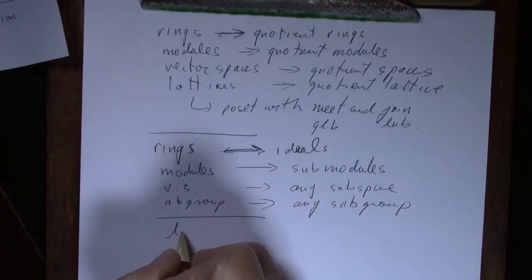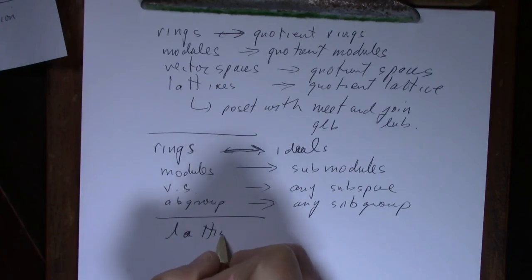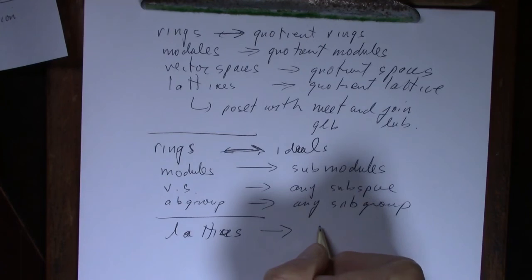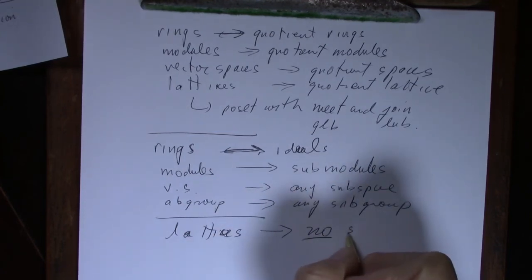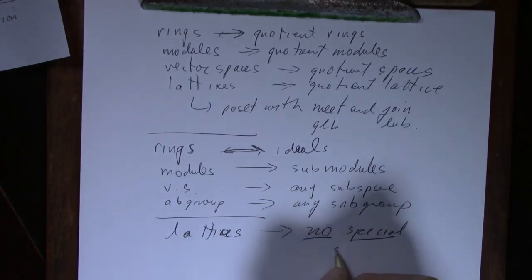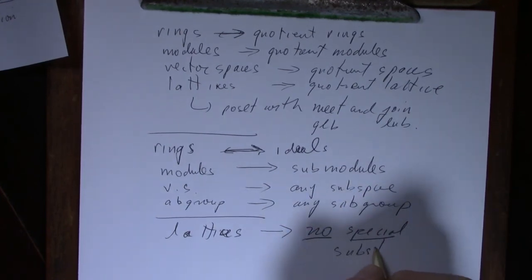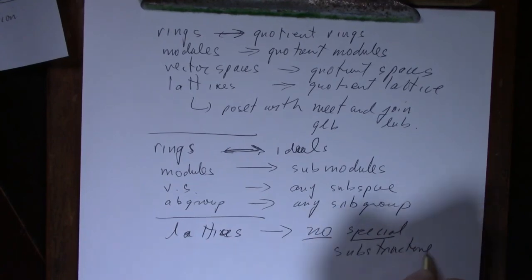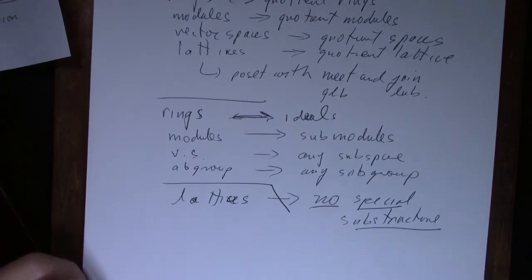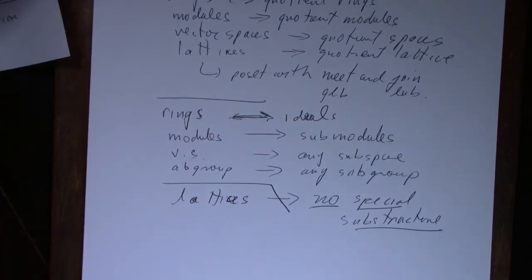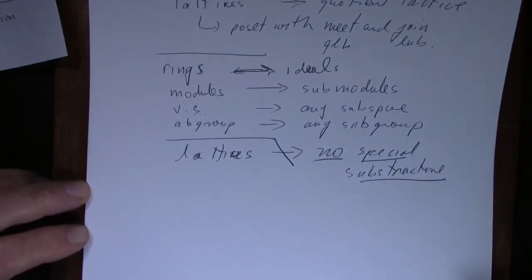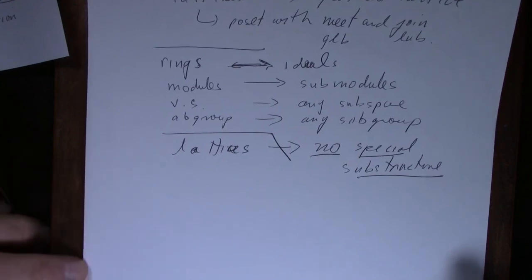But what happens when we come to lattices? There is no special substructure. So we do not get the same sort of correspondence for lattices that we do for groups, rings, modules, vector spaces, abelian groups.